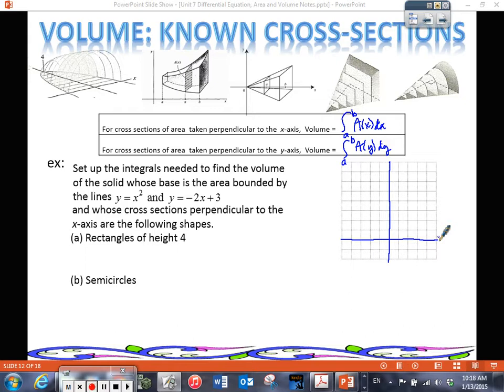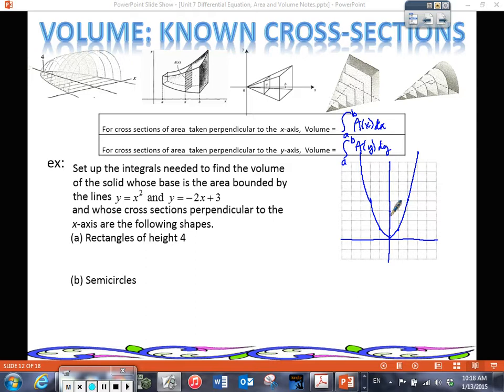We have y equals x squared, so we have the parent parabola. We have the line y equals negative 2x plus 3.